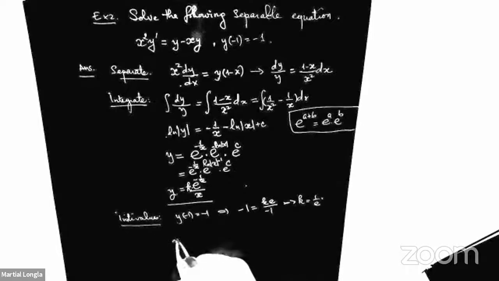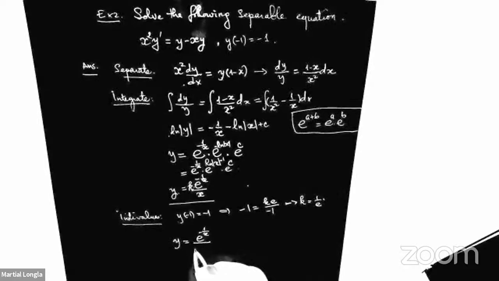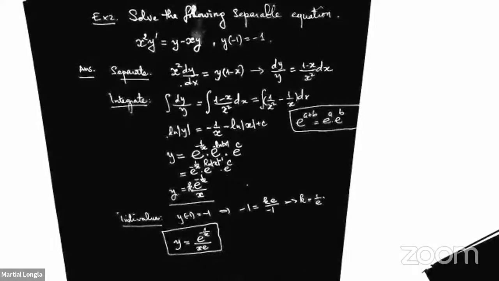So the answer is y equals e to the -1 over x times e. That's the only answer to the problem. Questions?